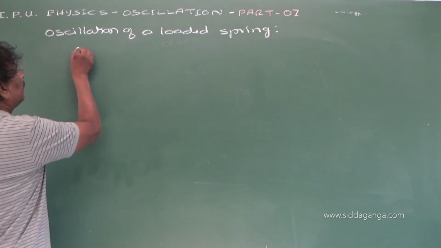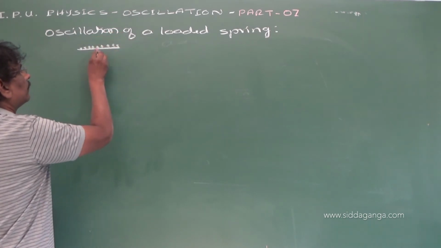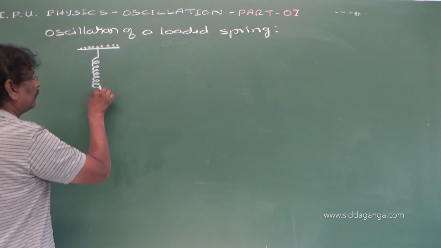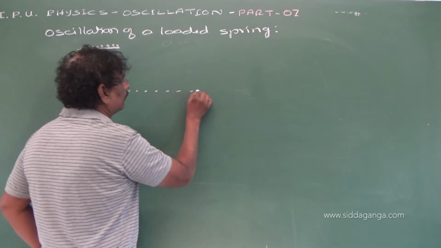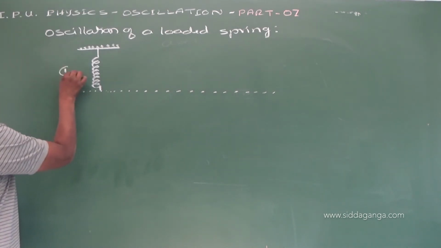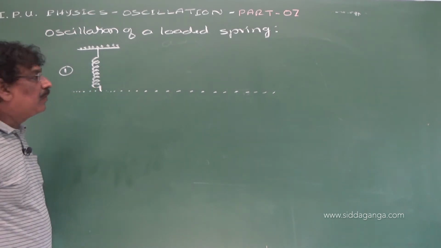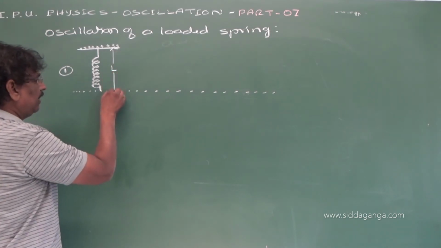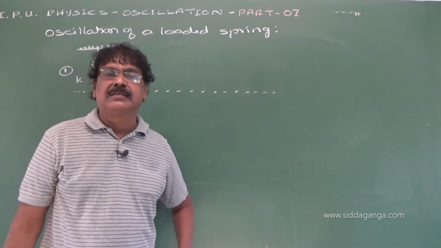I will show it in the figure. Right, this is figure 1. Now, this is the original length L, and it has a force constant or spring constant K.